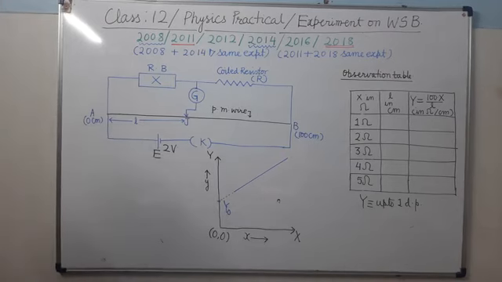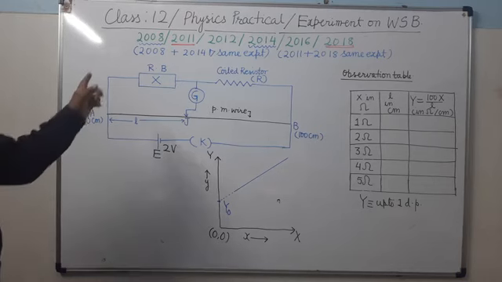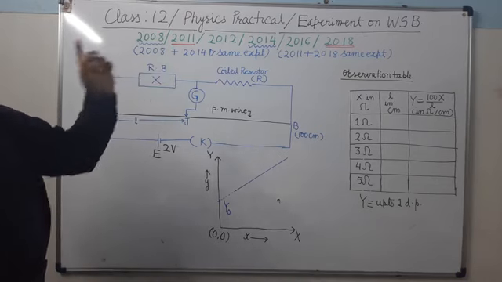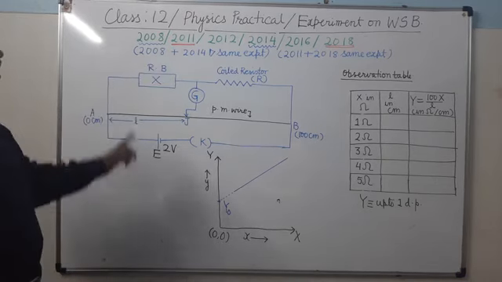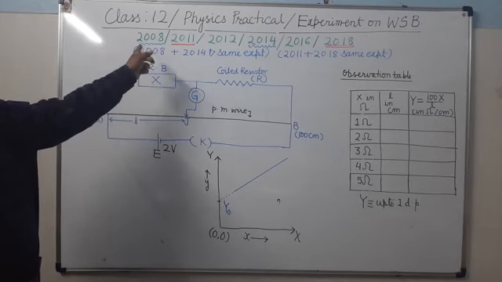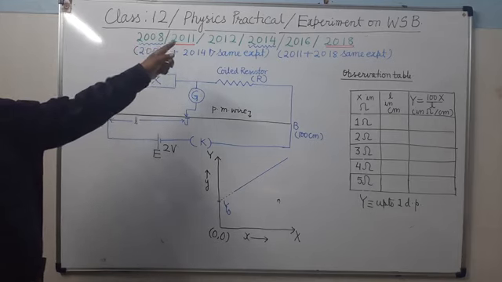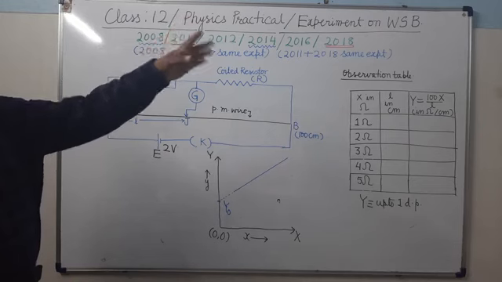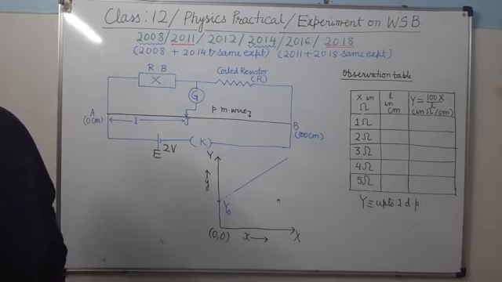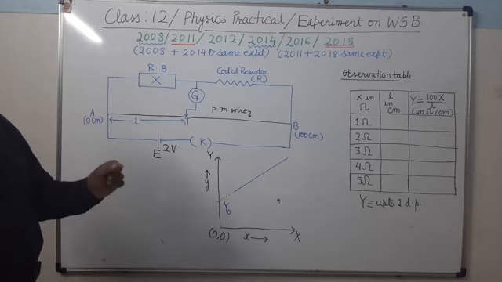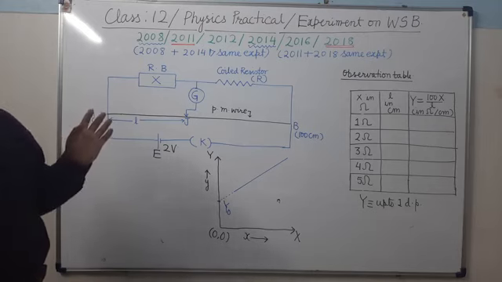So see here, these experiments on the Wheatstone bridge have been asked in the years 2008, 2011, 12, 14, 16 and 18. In 2019 and 2020, the electricity experiment was based on Ohm's law.